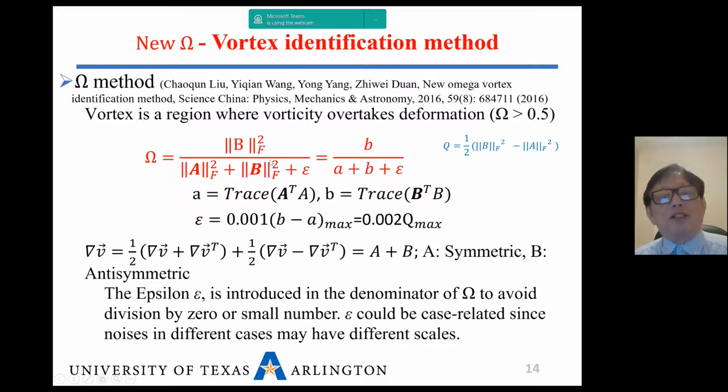This is pretty much like a relative strength. Here we have a small number epsilon to avoid division by 0 or a very small number. We give some empirical formula for the epsilon.